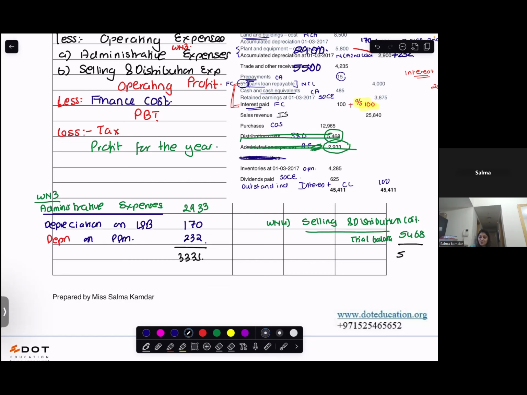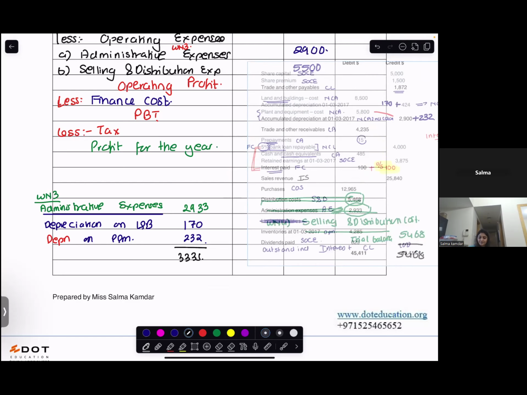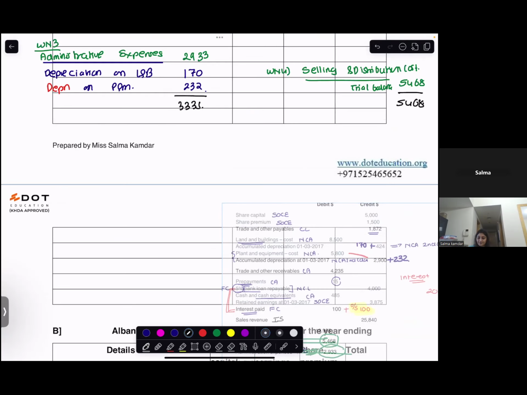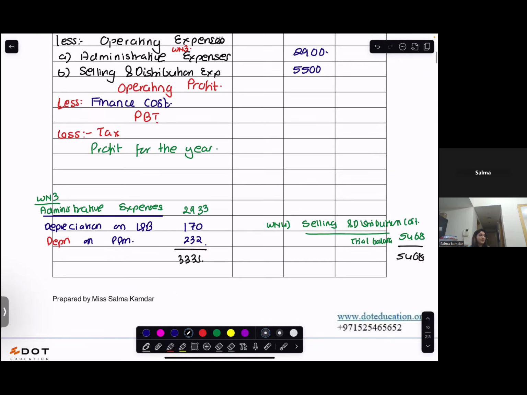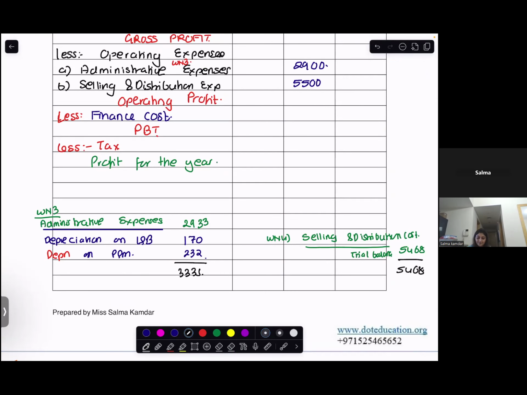And selling and distribution total is 5,468. I hope you're with me. But my adjustment tells me that my final administrative expenses is 2,900.